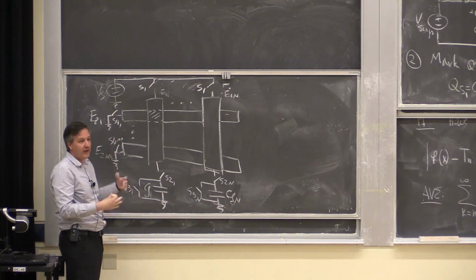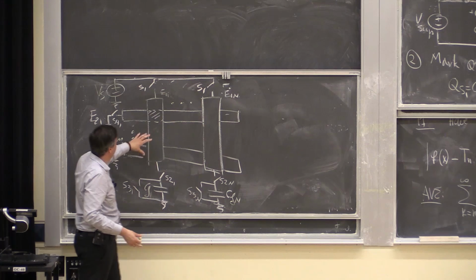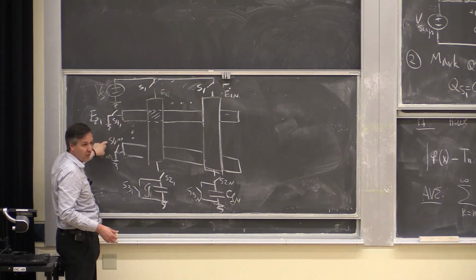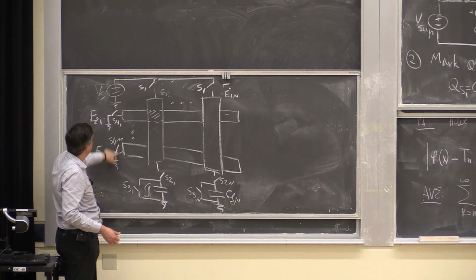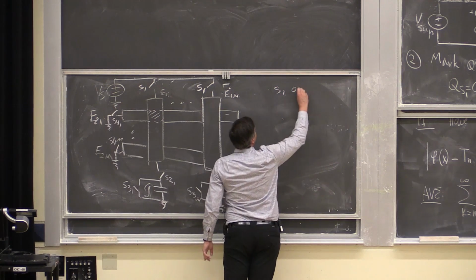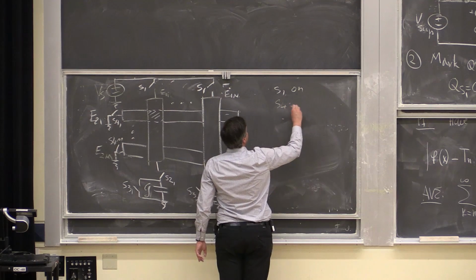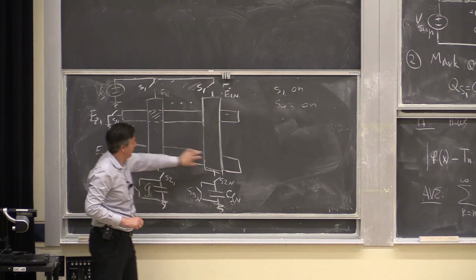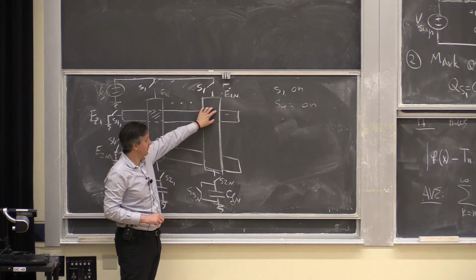So let's say I do everything. In the first phase, I will connect all of these S4 switches to ground and short all S1. So S1 on, S4s on. And so that will charge all these pixel capacitors, all the sense capacitors. Right?